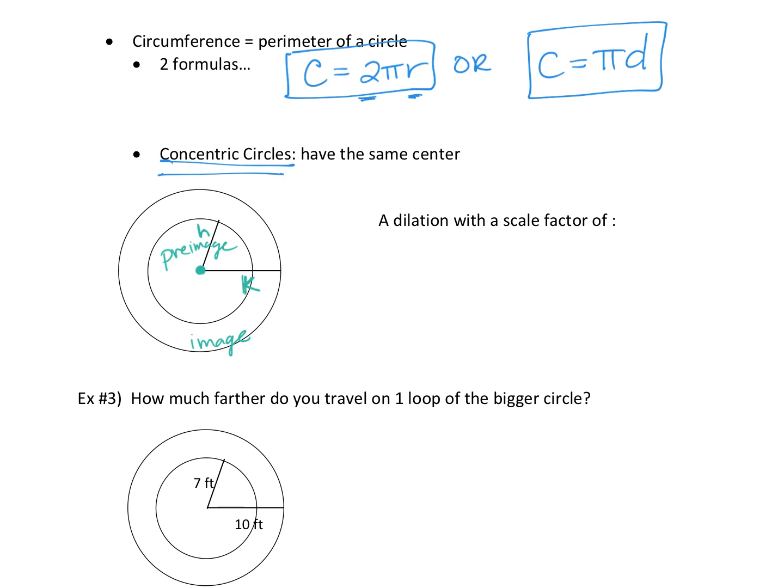Remember we had a scale factor. It's your image over your pre-image. Your scale factor would be k over h. You won't do a ton with that, but I want you to see it as that dilation setup that we did in chapter 9.